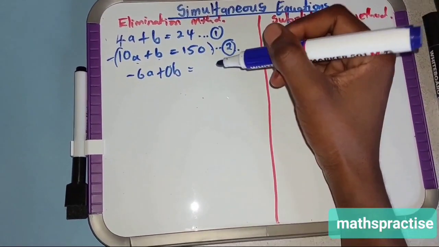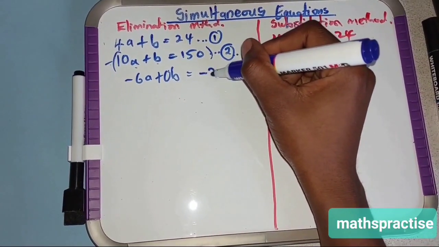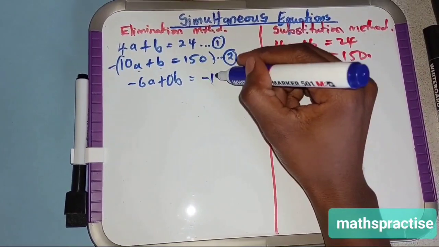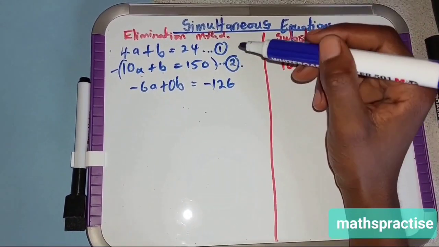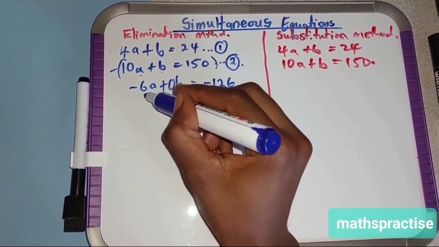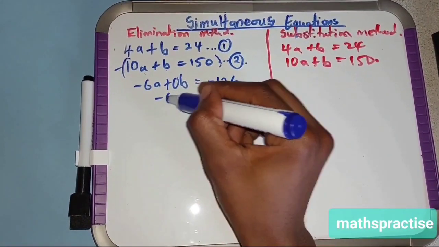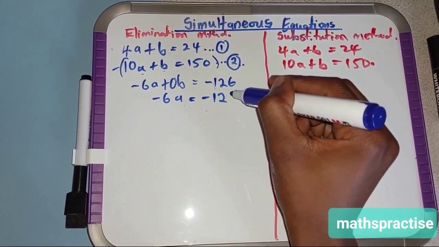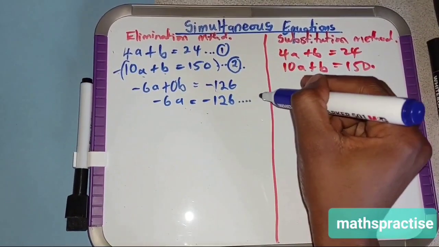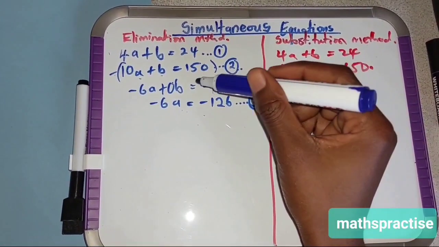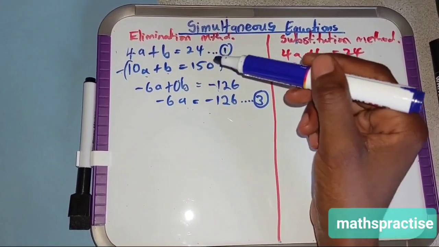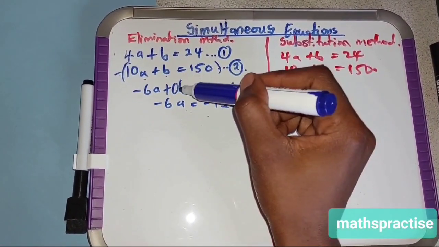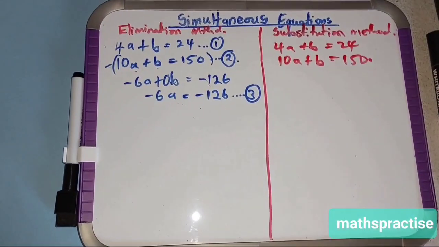We are going to get negative 126. If you simplify this, we have minus 6a = minus 126. So this is equation 3, where we have eliminated b, since we subtracted and it gave us 0, right?